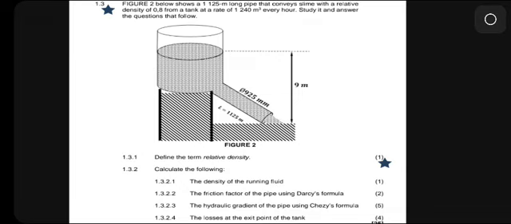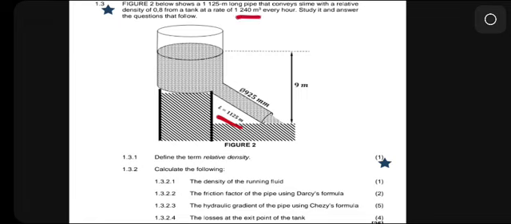We are given Figure 2 below, which shows a pipe 1125 meters long that conveys slime with a relative density of 0.8 from a tank at a rate given in meters per second.